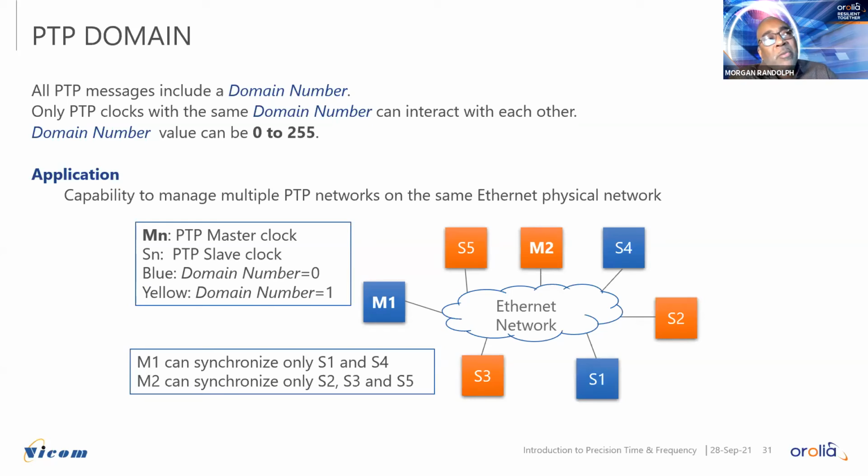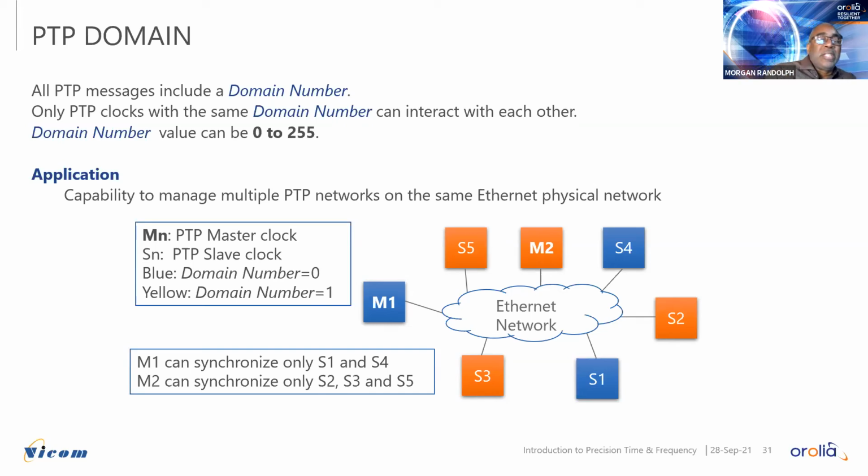When you look within our device, you'll see the PTP domain number there that you can configure. I think we defaulted to 225 or something, but you can change it to whatever you want it to be. Only PTP clocks with the same domain number can interact with each other.